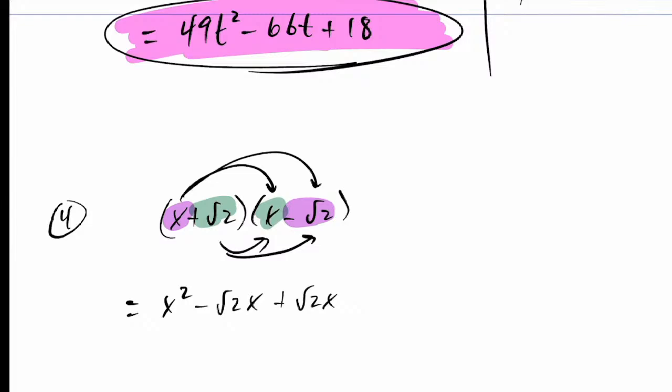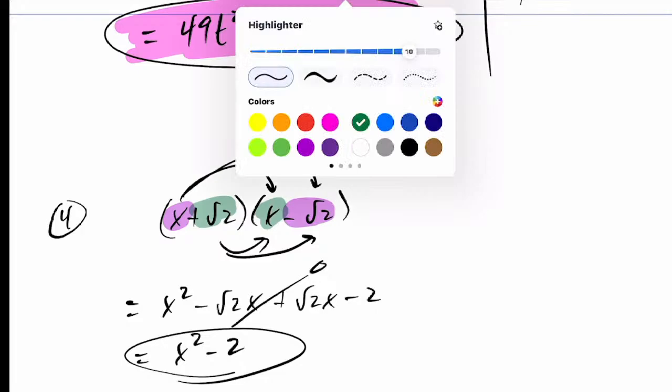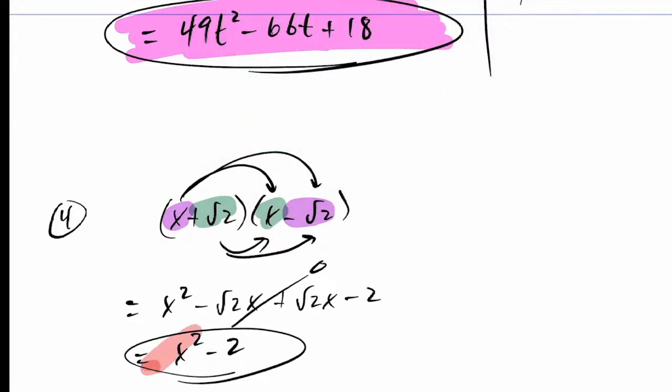And lastly, root 2 times negative root 2 is minus 2. So these cancel, and this is x squared minus 2. So the answer for this one was x squared minus 2. There's roots in the homework, so there could be roots on the test, yes.